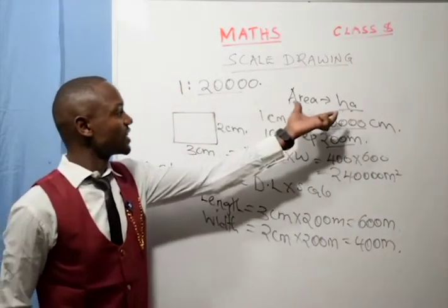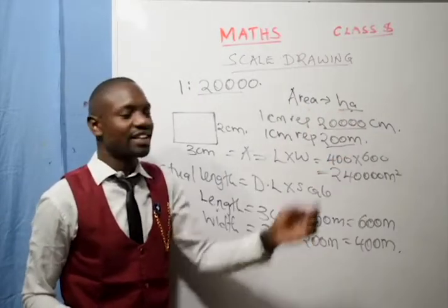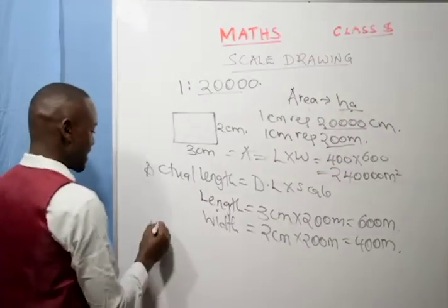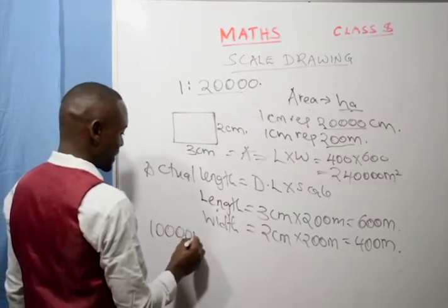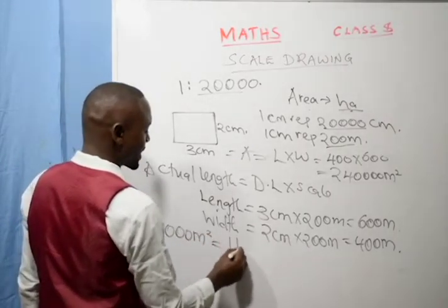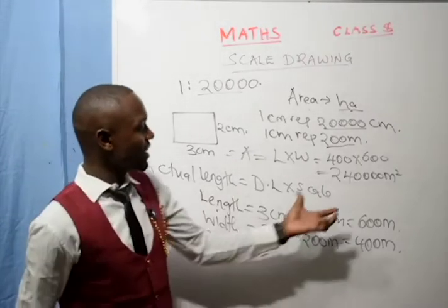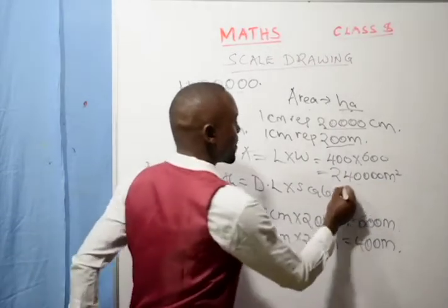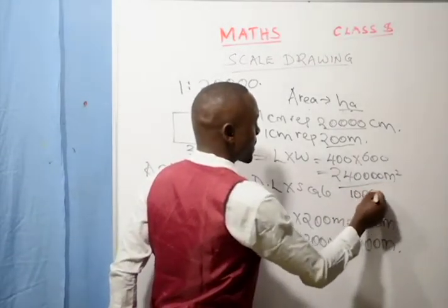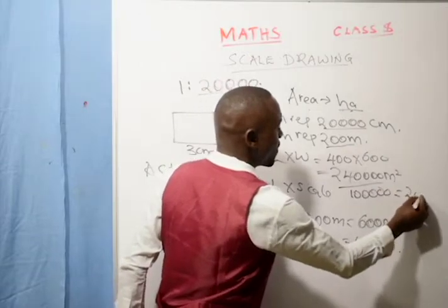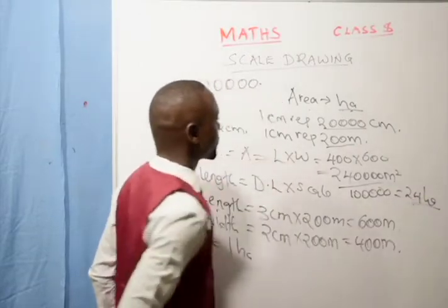And what is the relationship between area in square meters and hectares? 10,000 square meters is equal to 1 hectare. So 240,000 square meters divided by 10,000 is 24 hectares.